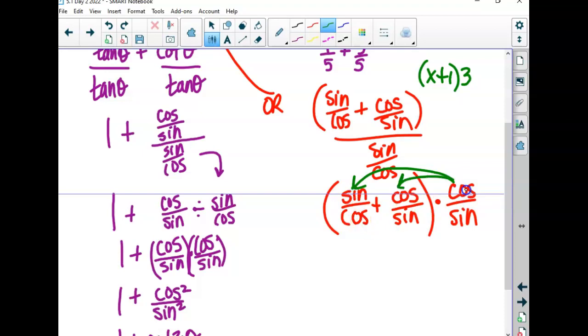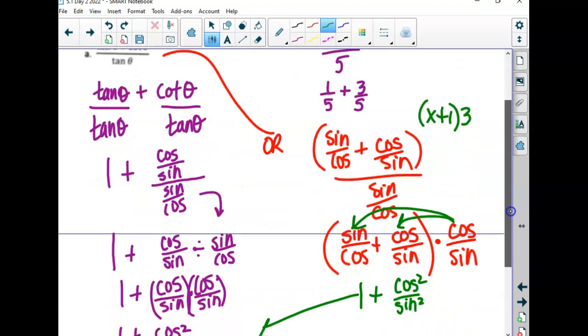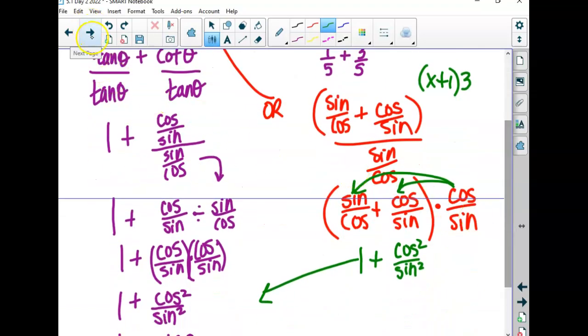Sine over cosine times cosine over sine would have become what? Wouldn't everything have canceled? We'd just get 1. And then when you distribute it here, you'd have a cosine squared. Down here on the bottom, you'd have a sine squared. And then it would have gone on from there, okay? Just trying to show you that you should be able to get the right answer any way that you attack it. Okay.